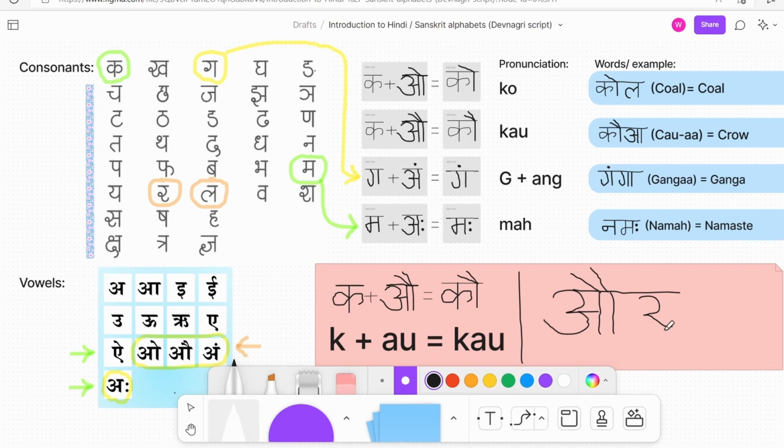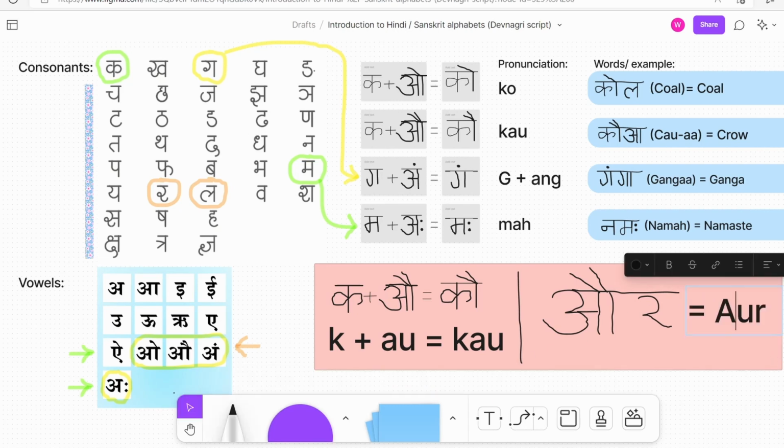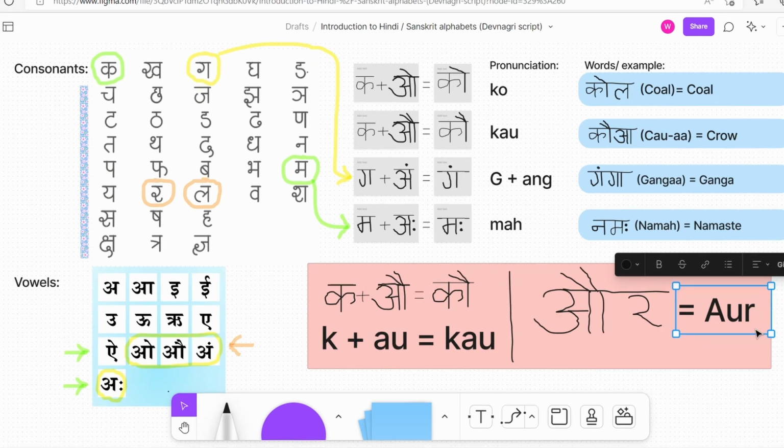O, ra, or, pronounced as or. This means the same as and in English, and.